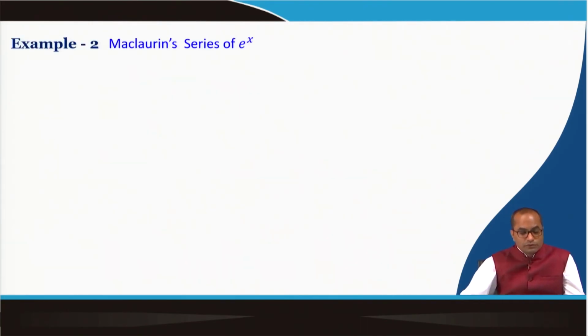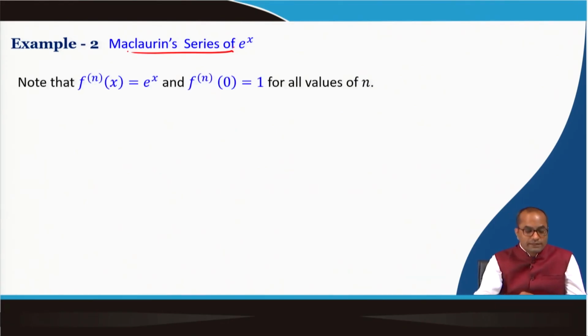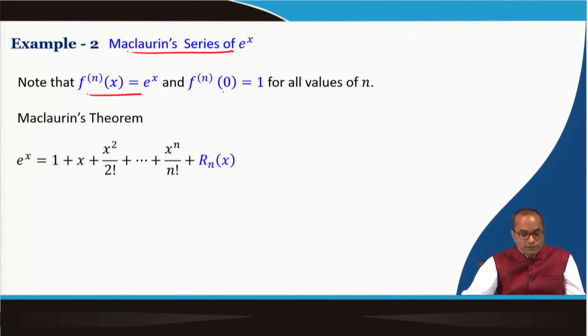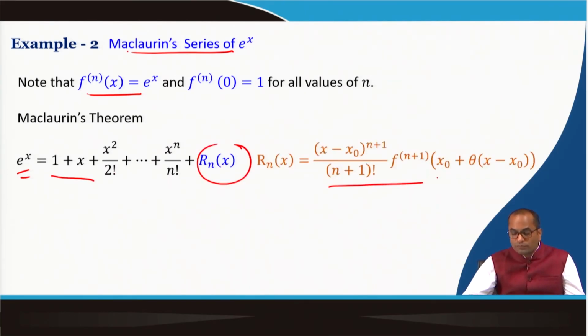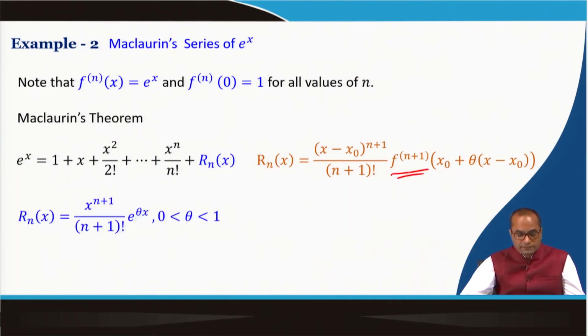Just one or two examples here. The Maclaurin series of e^x: we know all the derivatives of the exponential function are just 1. So, we can quickly write down that e^x is 1 plus x plus x squared over 2 factorial and so on, and we have the remainder term. The remainder term, from the formula, since we know the (n+1)th derivative, will be just e^(theta x).